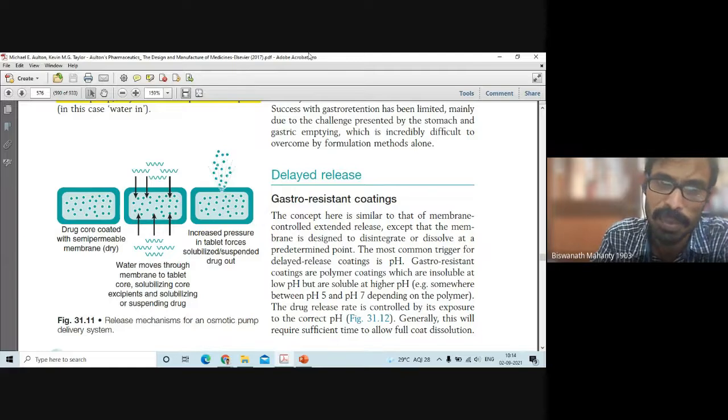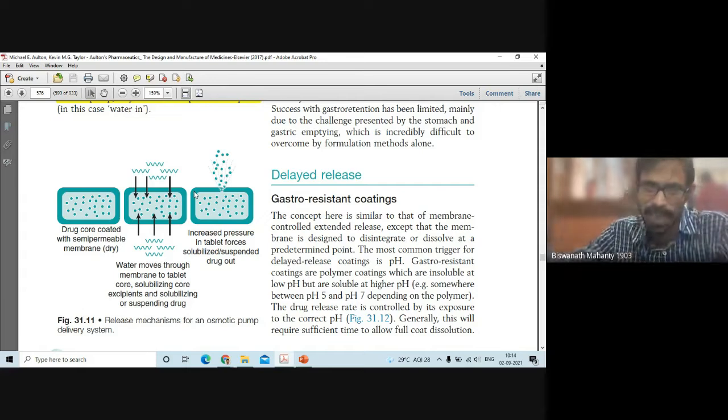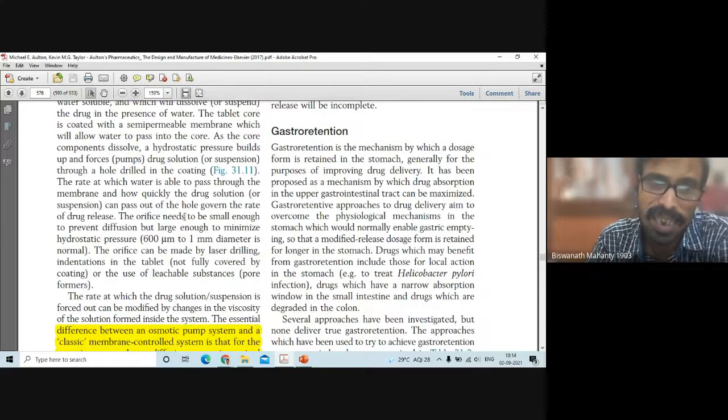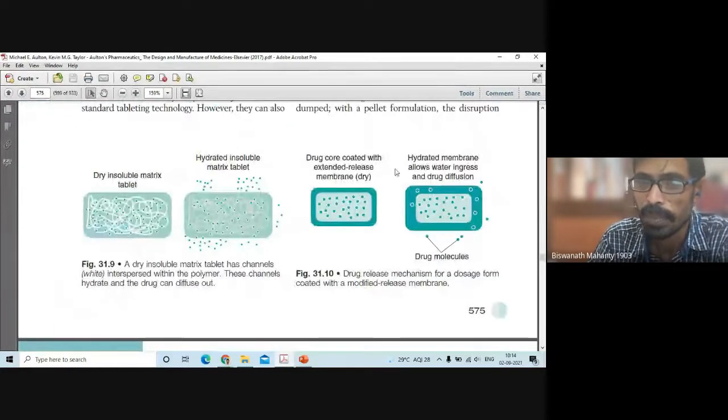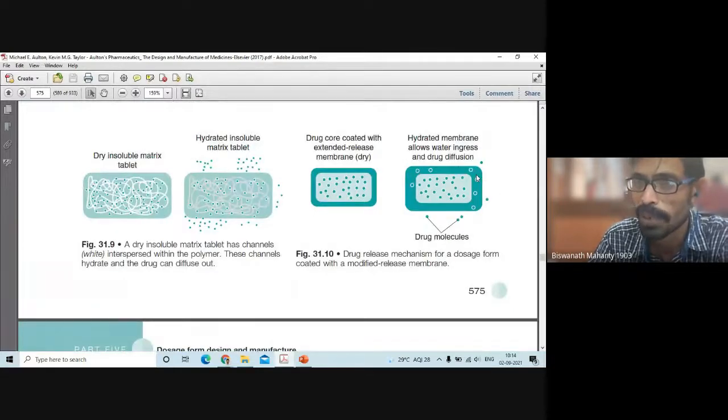Through the pore it comes out, not by diffusion. The pressure increases, like bursting it out, so the drug gets released. That is the only difference between the osmotic system and the membrane-based system. So when I coat with a membrane, diffusion is the primary driving force. This is the first one, this is the second one, this is the third one.